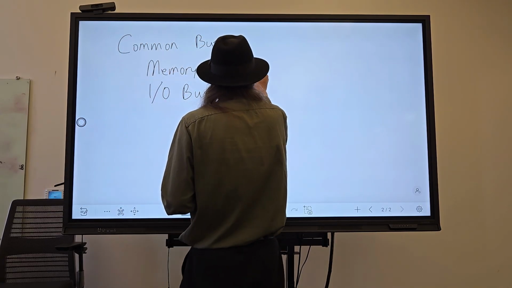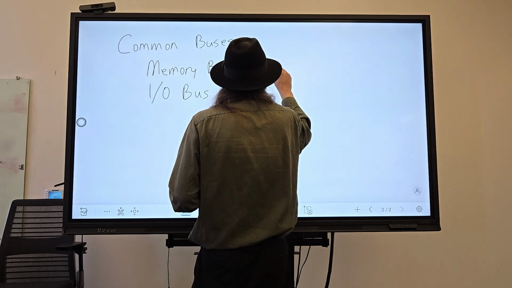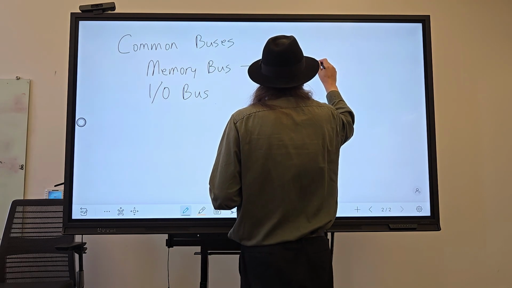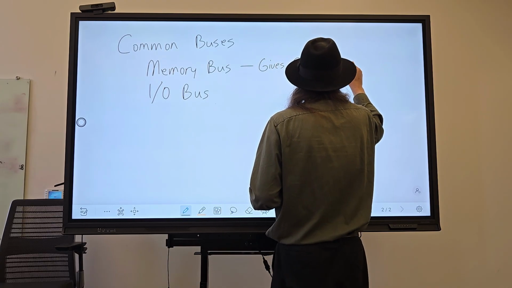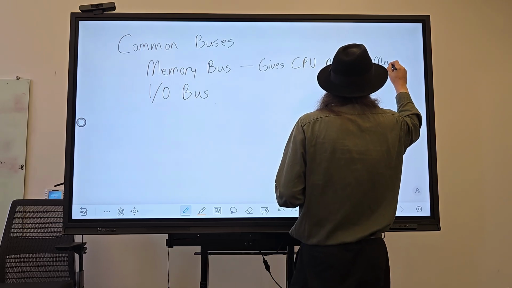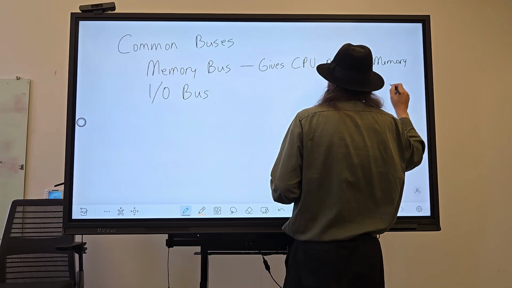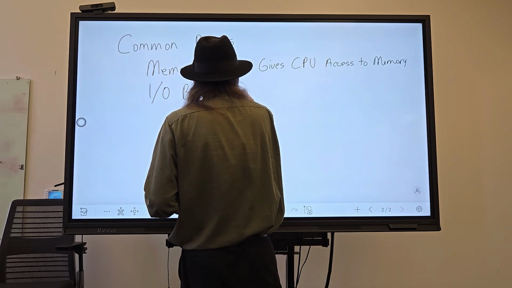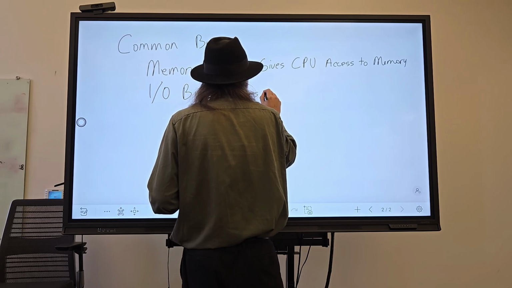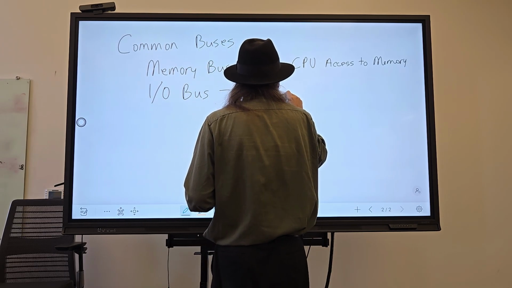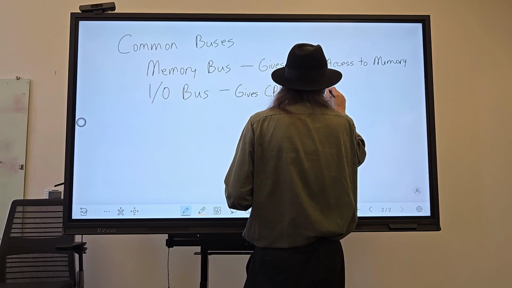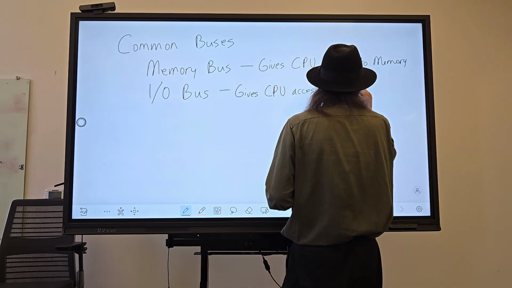The memory bus gives the CPU access to memory. The I/O bus gives the CPU access to input-output devices.